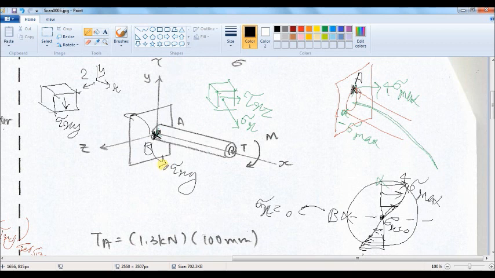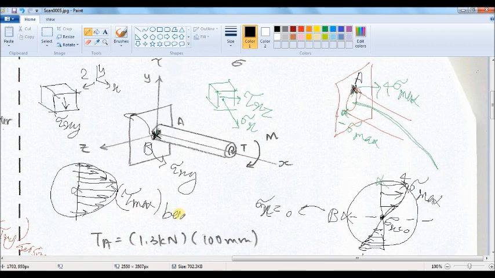Also we will have the shear stress due to the bending, whose distribution is this way. Here we have the maximum shear stress due to the bending, which will be minimized at the top and bottom of the surface.